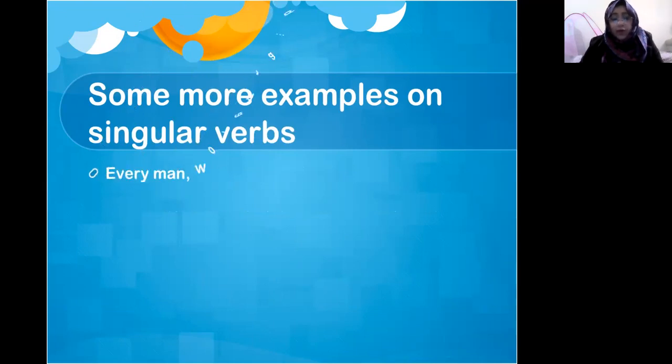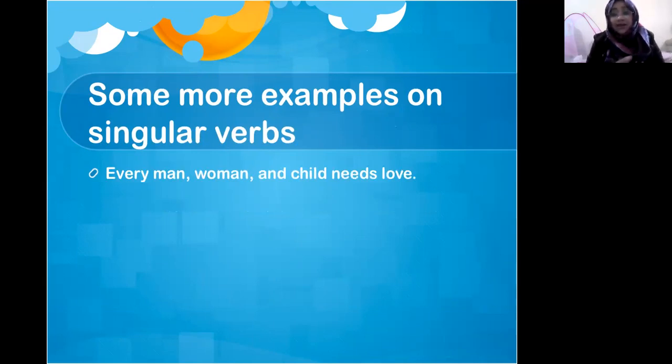For example, if I say every man, woman, and child needs love. Notice here, although many nouns have been used in the subject, connected with and, why do we use needs, the singular verb with S?